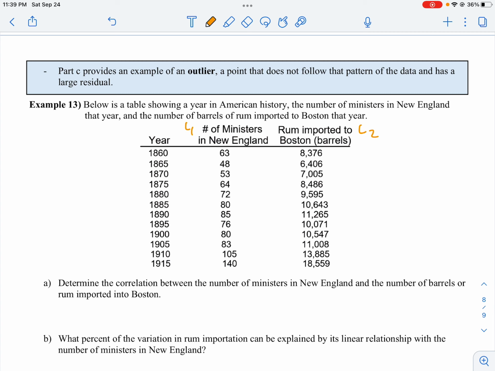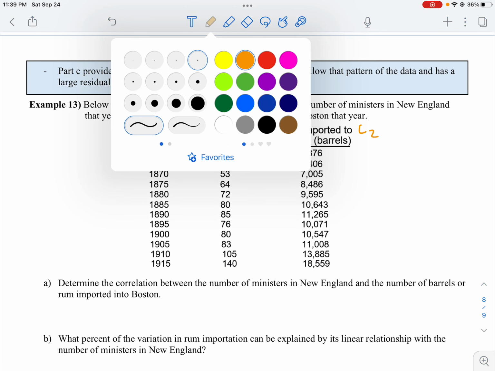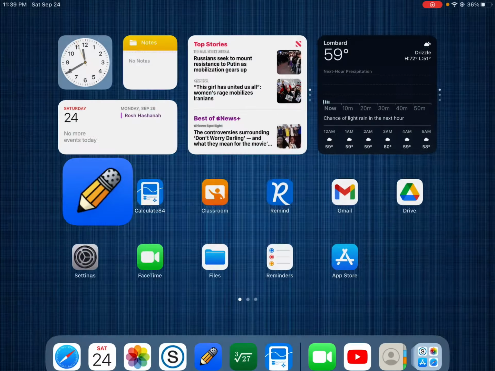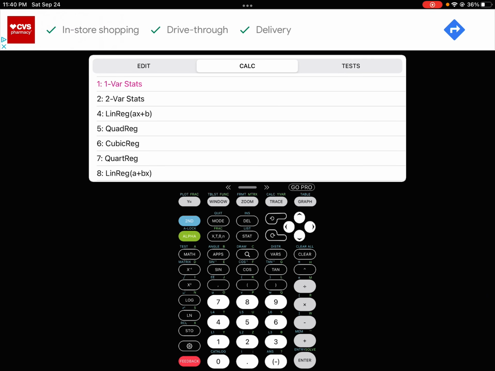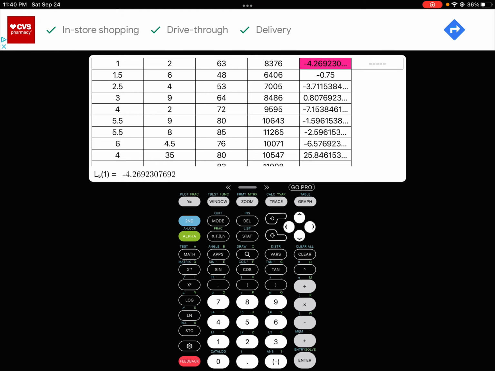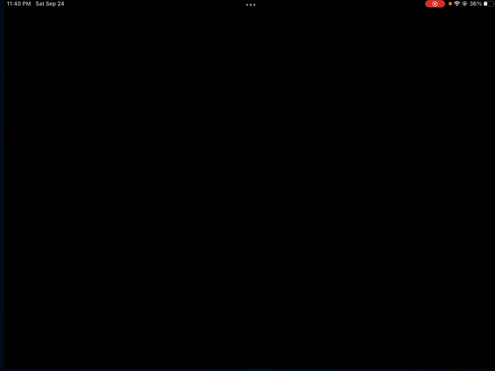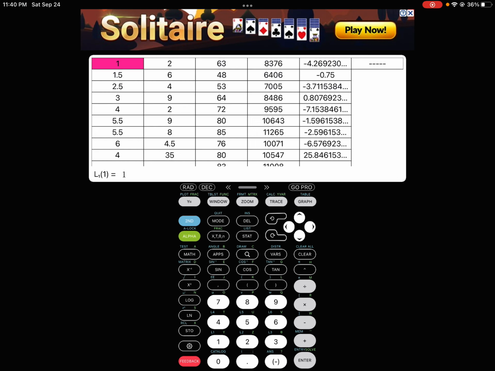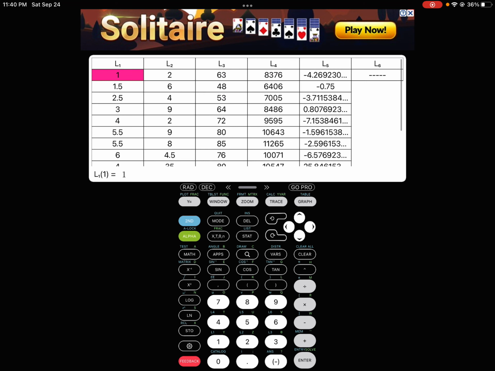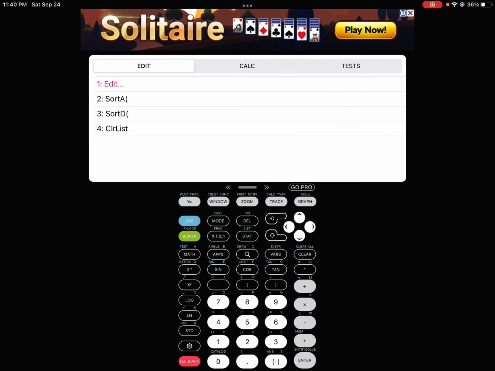So the first one, determine the correlation between the number of ministers in New England and the number of barrels of rum imported. Okay. So if I show you this, stat, edit, it's in my list 3 and list 4. Okay, so it asks us to calculate the correlation between these things.